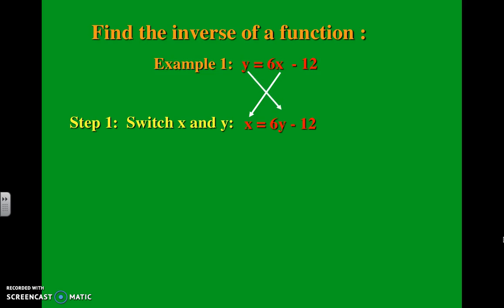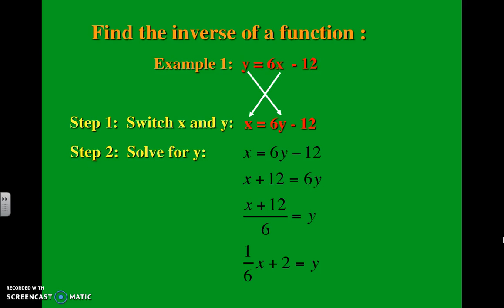What doesn't switch is the numbers. None of the numbers go with it, just the x and just the y. Step 2, you're going to solve for y. Basically, try and get y alone. Again, after you switch these two, the rest of the solving is Algebra 1 stuff.